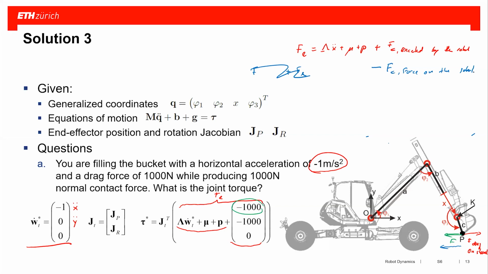This is then the plus 1000. The normal contact force, like my ground produces a force which acts on me, right? I have a force acting on me, which means my shovel has to produce, I, as a robot, I have to produce a force which presses downwards. That's why I have here a negative sign.